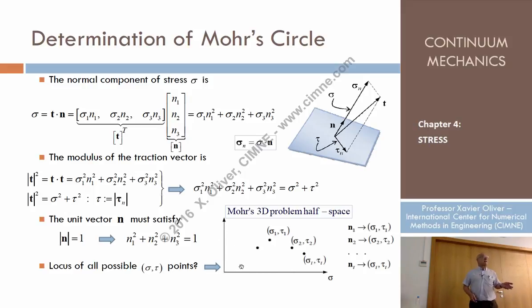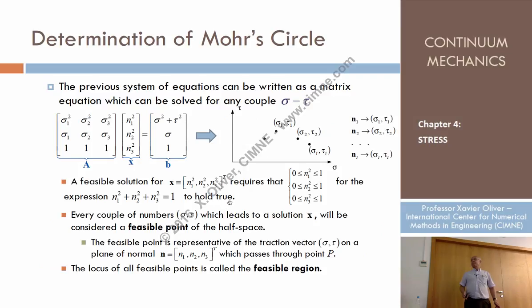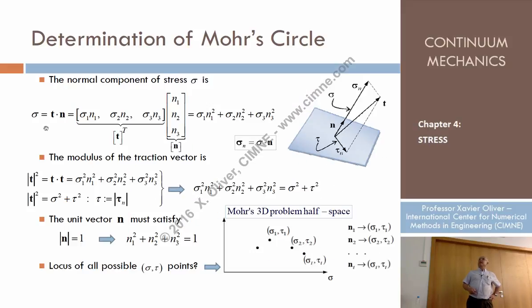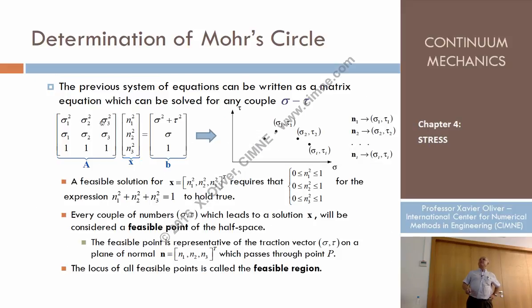And that's an exercise that one can do really simply if one simplifies the equations by working in the principal axis directions. Okay? Look, the three equations that we have obtained are the following. The first one says that sigma equals sigma 1 times n1 squared and so on, and this can be placed in the form of an equation.